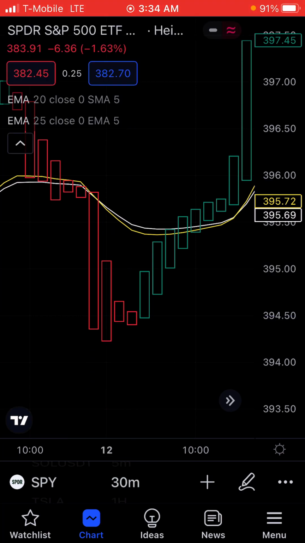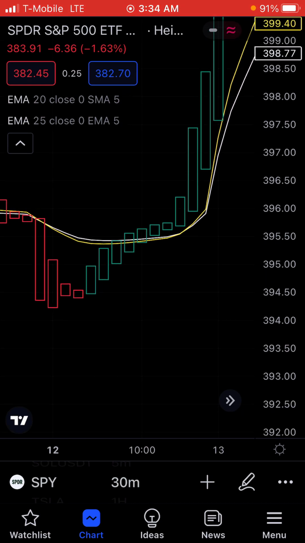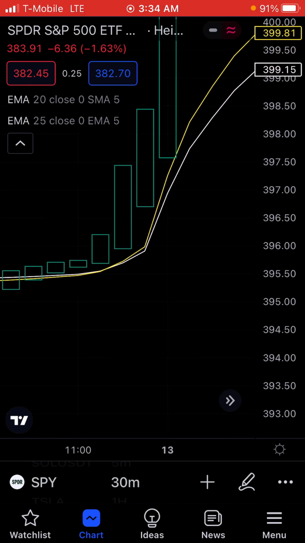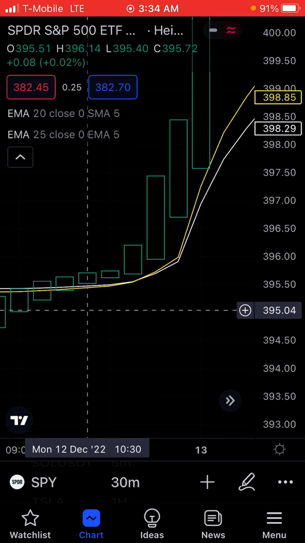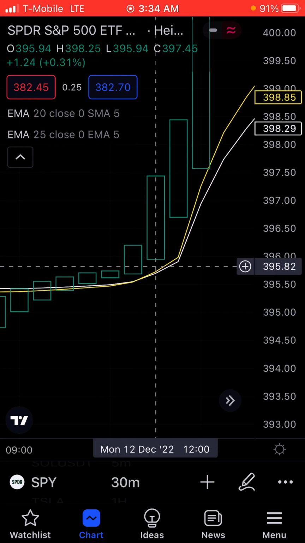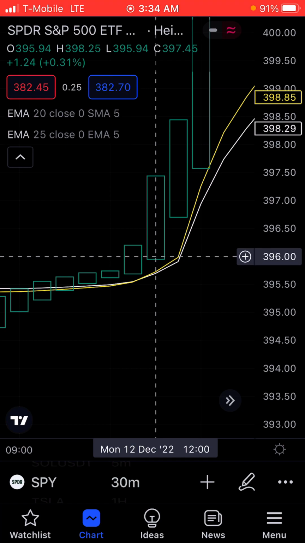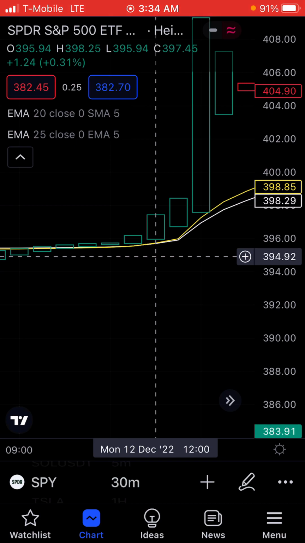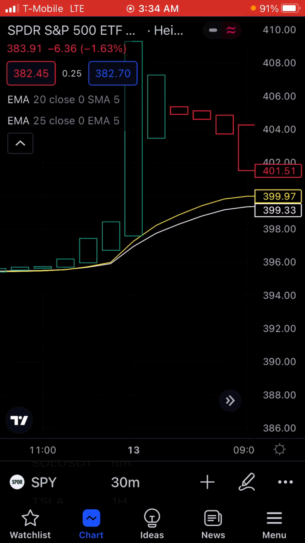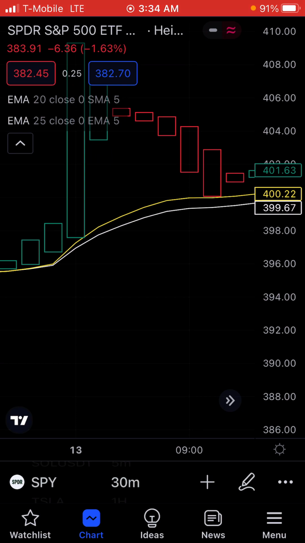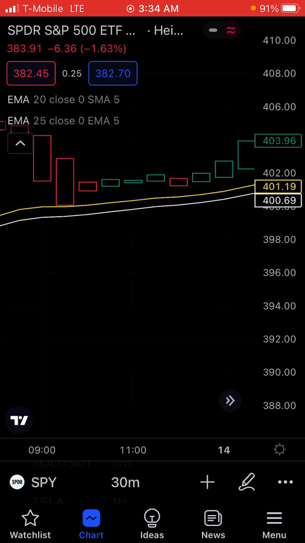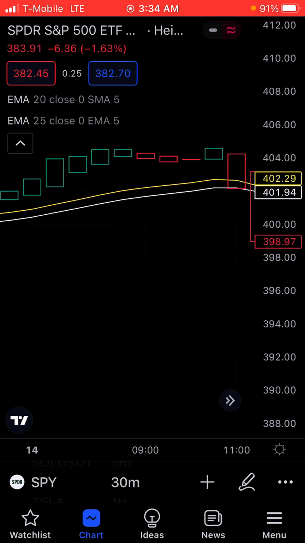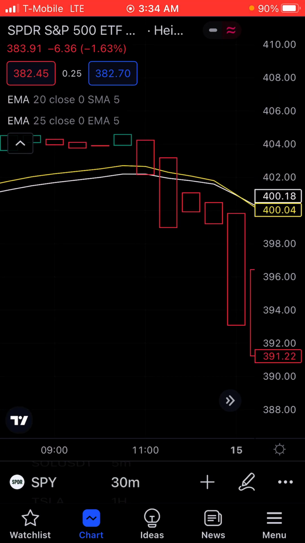I'm going to do this two more times because I think you guys get the general idea. So let's follow it again, and we see the 20 EMA passing through right here. We see it reflecting, and there it starts an uptrend again. So it goes through the lines, it starts into an uptrend, and we wait until there's a cross, which is right here.